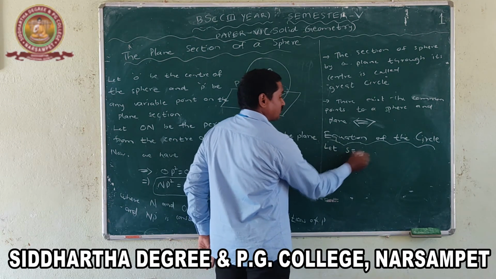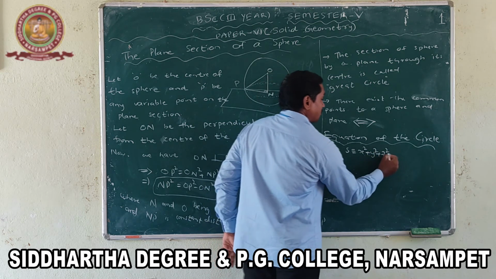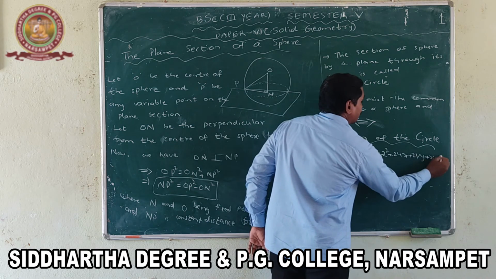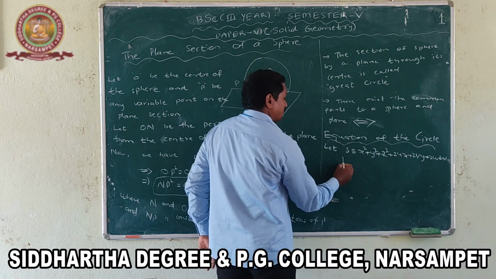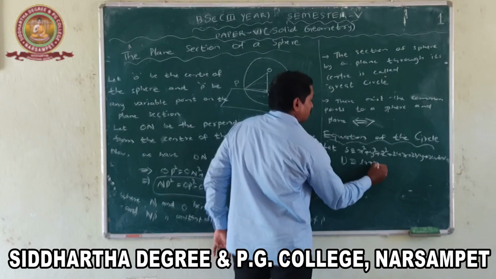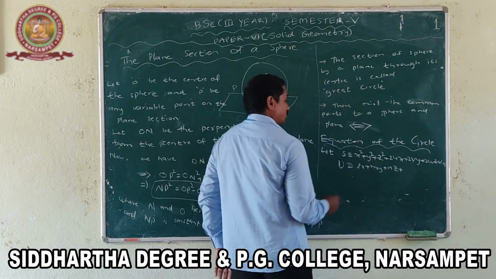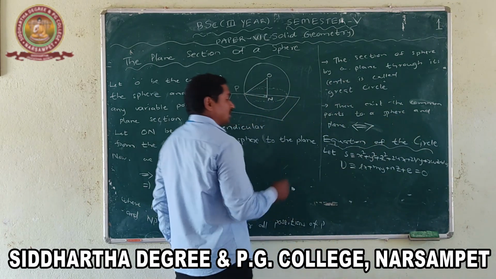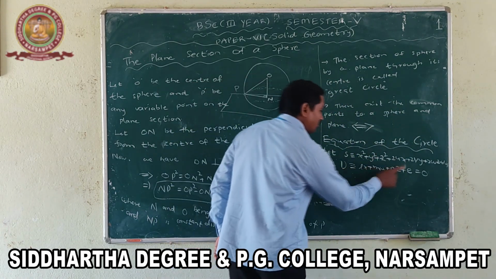Let S equal x squared plus y squared plus z squared plus 2ux plus 2vy plus 2wz plus d equal to 0. Let U equal lx plus my plus nz plus e equal to 0. Here S represents a sphere and U represents a plane.